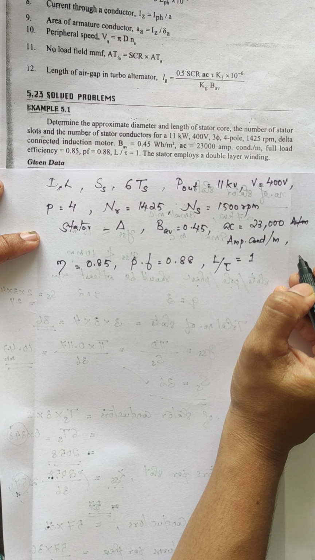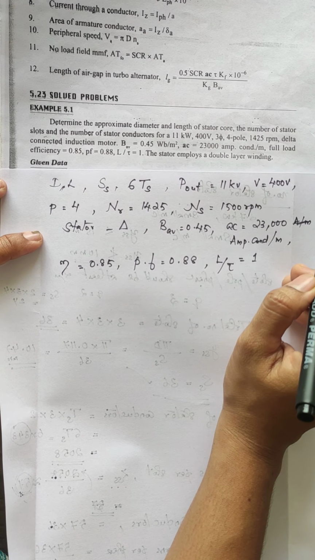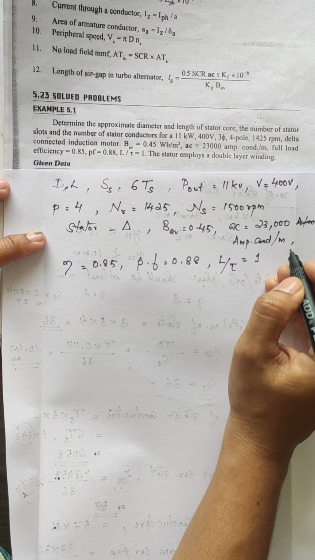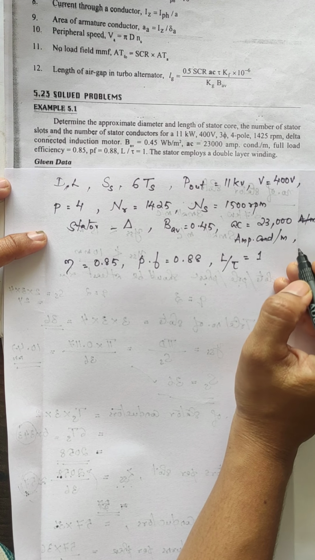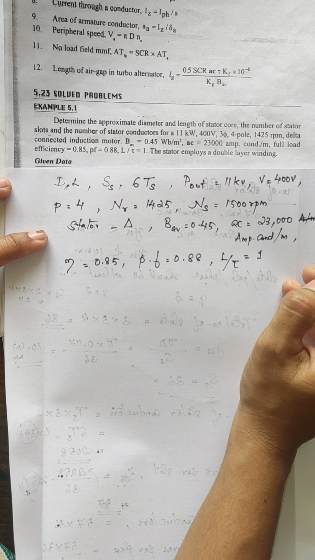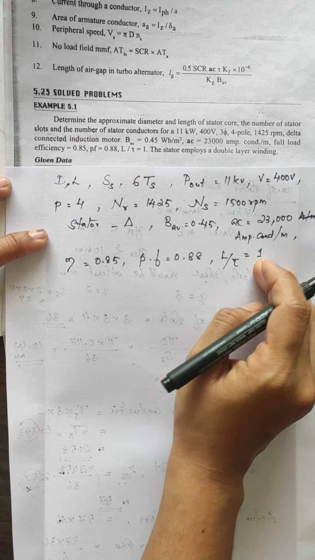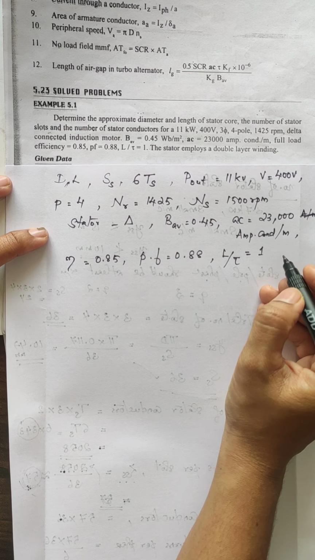It need not always be the case. In most cases, only the desired design feature will be given. It will be cheap price, good power factor, best power factor, etc. So the corresponding L by tau ratio should be known to you. You have to learn by heart the L by tau ratios corresponding to all the design features. So here they have given it directly.